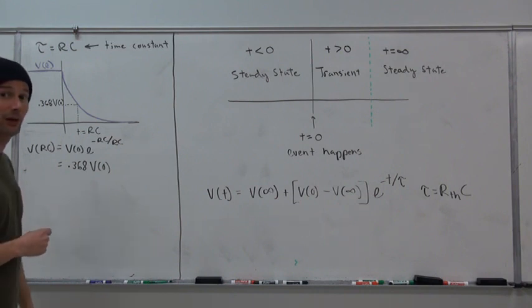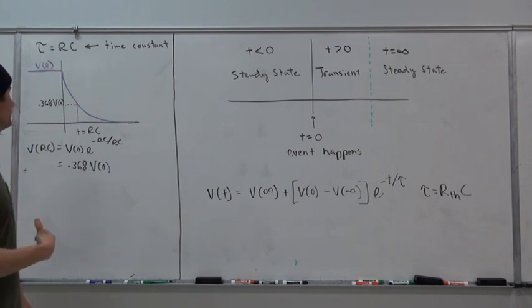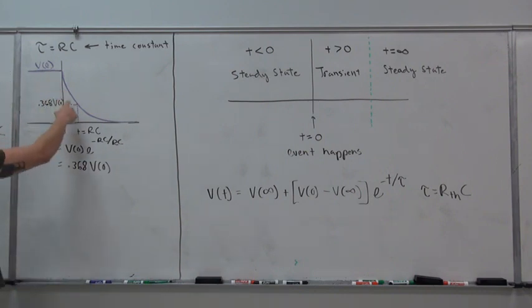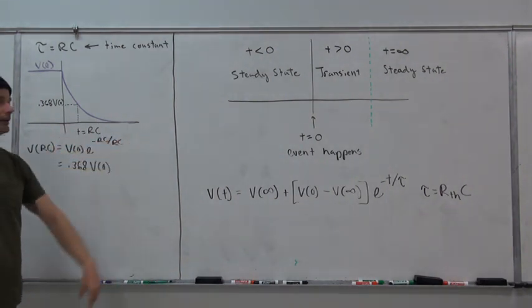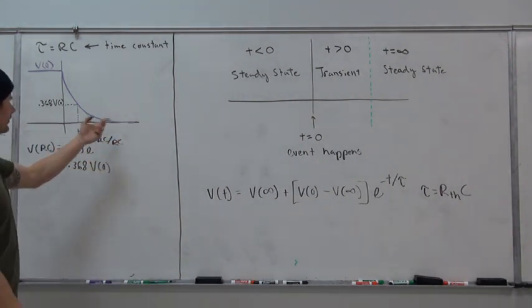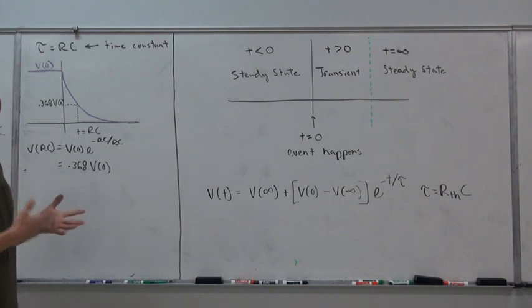The e to the negative 1 comes out to be 0.368 of V naught, or 36.8% of that initial value, which is where we see the majority of that voltage die off. The final tail end, where we see the remainder of that voltage decay, takes a little bit longer, and it's definitely not as quick as what we see with the time of the resistive value multiplied by the capacitance.